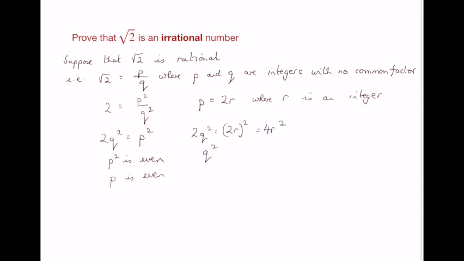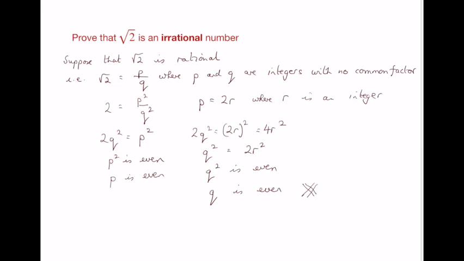So q squared must be 2r squared. So q squared is even. So q is even. Now what we have now is that p is even and q is even. So p and q have a common factor. Well, that can't happen. So there's a contradiction.